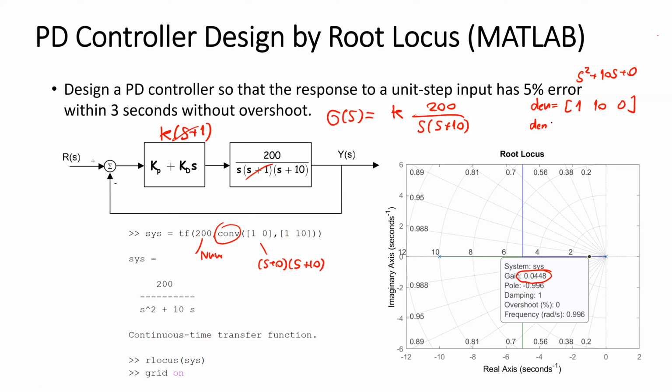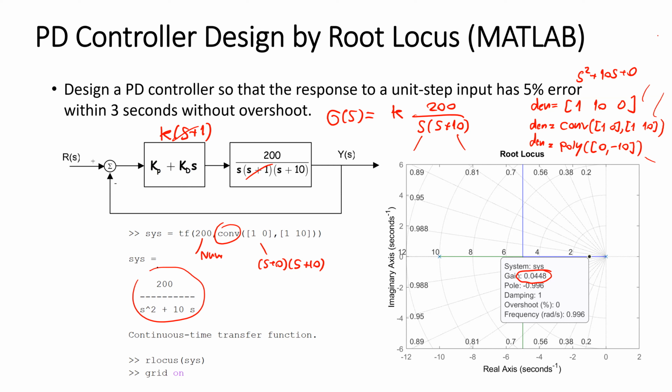Or you may compose den by convolution of 1, 0 and 1, 10. You may also compose den by poly of the roots. The first root is going to be 0. The second root is going to be -10. You can compose den by these 3 ways, and we're going to get the same result.